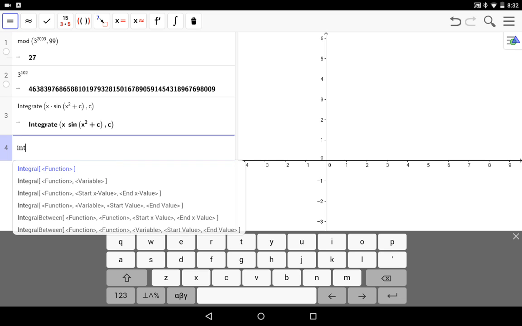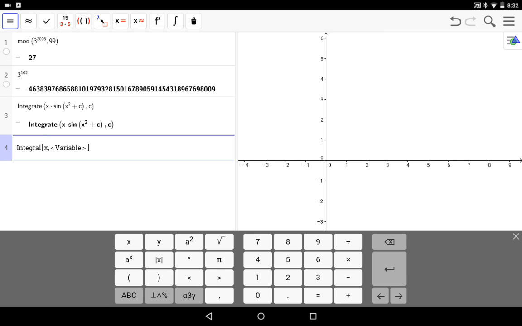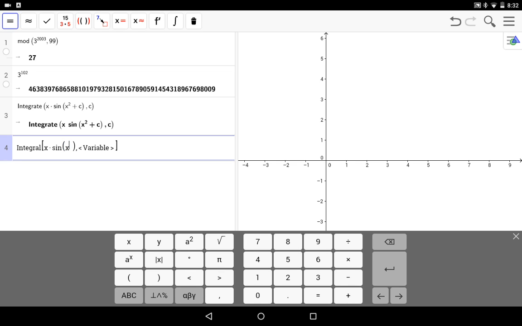Integral x times the sine of x squared plus c with respect to x.